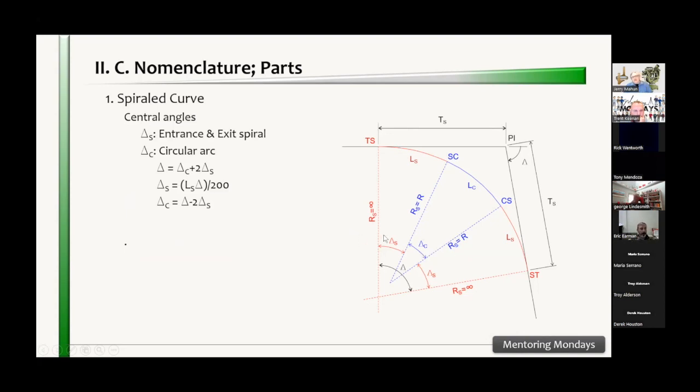So the spiral angle is equal to the length of the spiral times the total deflection angle divided by 200. So we get that relatively quickly. And then the central angle of the circular arc is equal to the total deflection angle up here minus this plus this. Piece of cake.